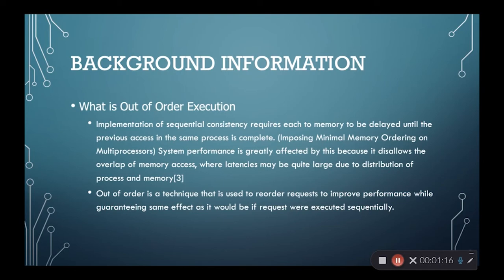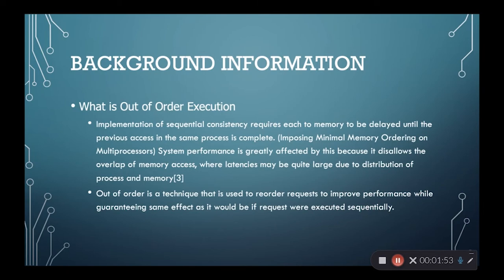So in a memory consistency model, which is defined as ordering of memory operations on a shared memory or multiprocessor and a multi-core system, the sequential consistency model forces memory operations to be viewed by all processors in the same global order, and it's the most restrictive memory consistency model.